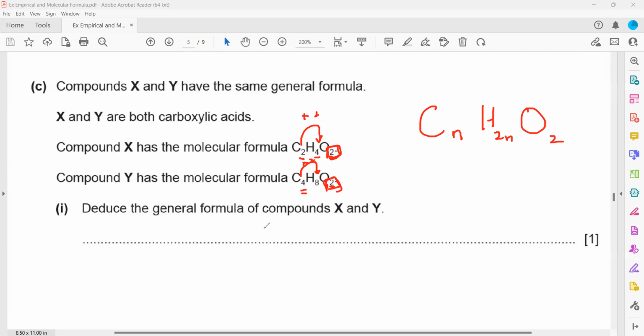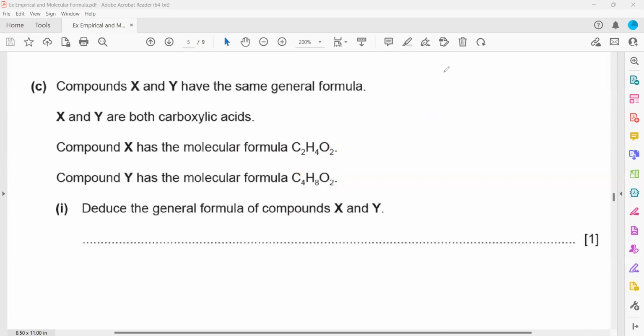So we'll write the general formula as CnH2nO2. Why O2? Which shows that the oxygen number remains 2. It is independent of the number of carbon and hydrogen. So oxygen number is not double, not triple.